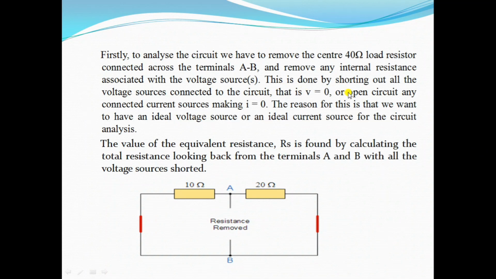This is done by shorting out all the voltage sources connected to the circuit, that is V equal to 0. So here we denoted V equal to 0 because I shorted that circuit by removing that source voltage.